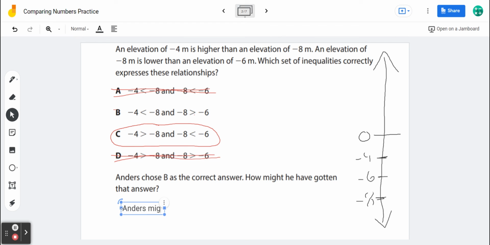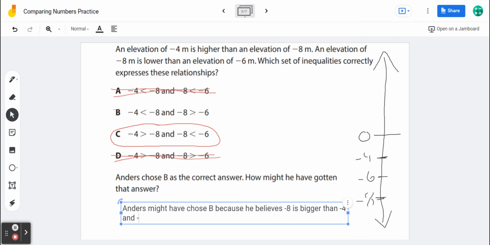Anders might have chosen B because he believes negative 8 is bigger than negative 4, negative 6, due to the 8 being bigger than 4 and 6.